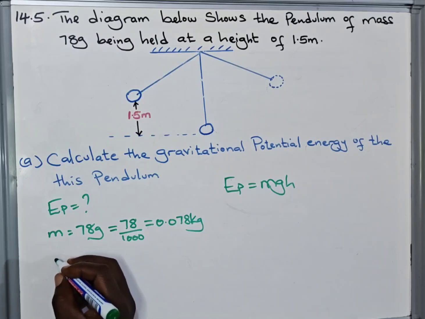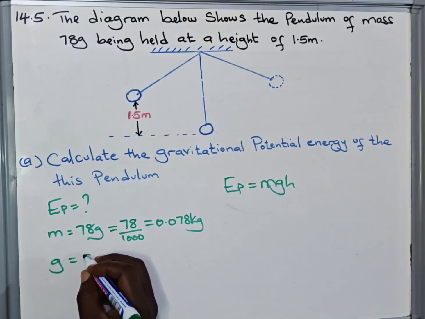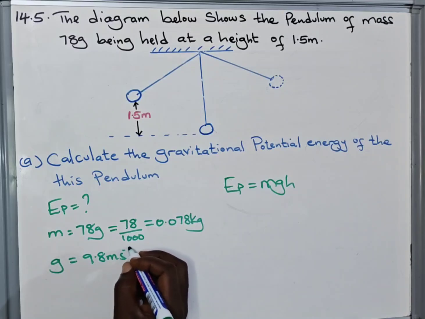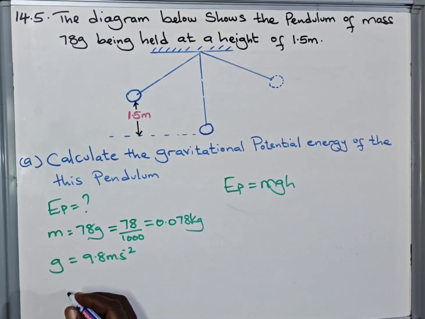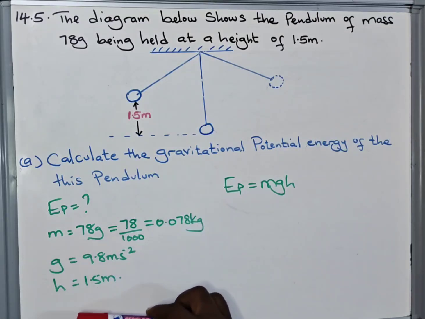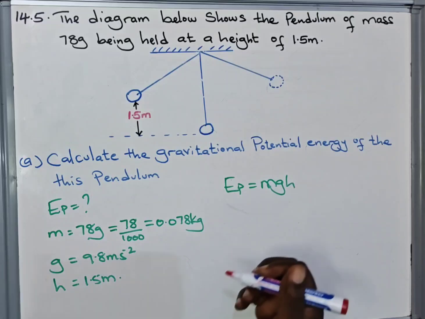Okay. Then we look for this one. We know it's 9.8 meters per second squared. And the height is given. The height is 1.5 meters. So with this information, what do we do? We substitute.